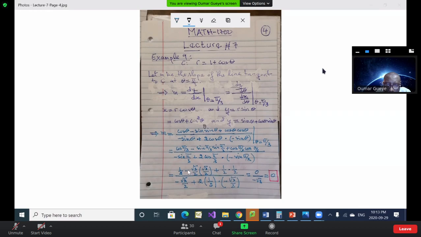So the numerator here, when you calculate it, is going to be just 0, because this product here is going to be 3 by 4 with a minus, and you have here 1 by 4 and negative 3 by 4 plus 1 by 4 is going to be negative 1 by 2, and this 1 by 2 is going to be 0.